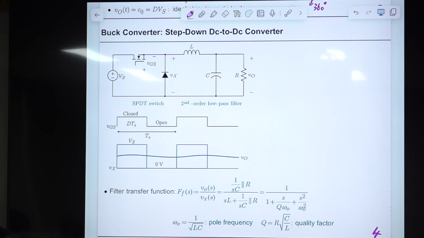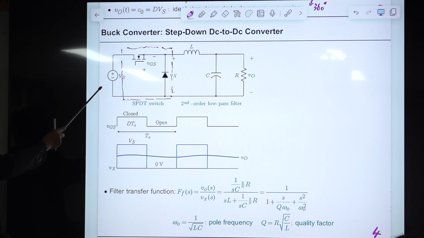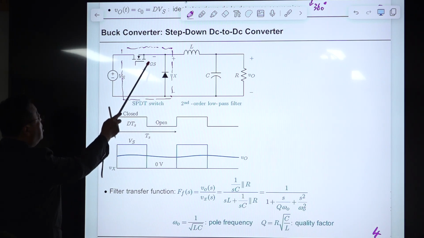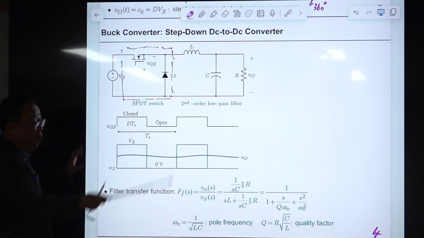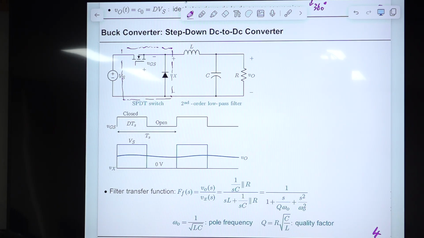So this SPDT switch is implemented as a combination of this MOSFET switch and diode. The MOSFET switch is here, the diode here, and the connection of this functions as the SPDT switch. So this is the functional description of this. This is a PWM, and this is the SPDT switch.